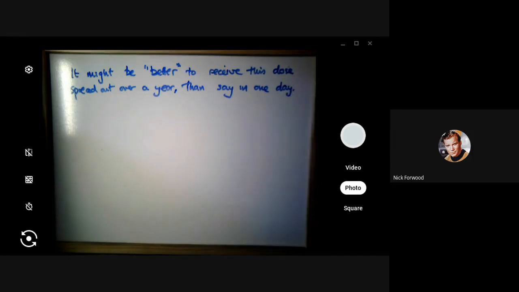Now, if you receive that in one day, that's going to be pretty serious, especially if you received it the next day and the next day. But if that 600 millisieverts was spread out over a year, you could work out how it's spread out. So what would that be? What would be the rate?